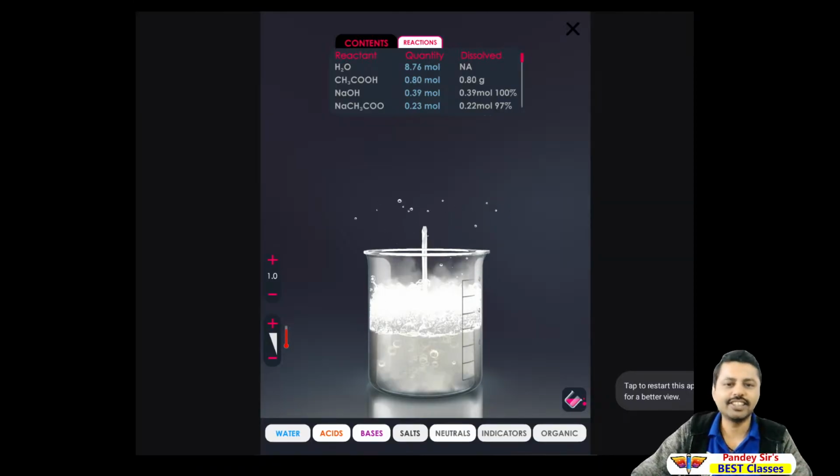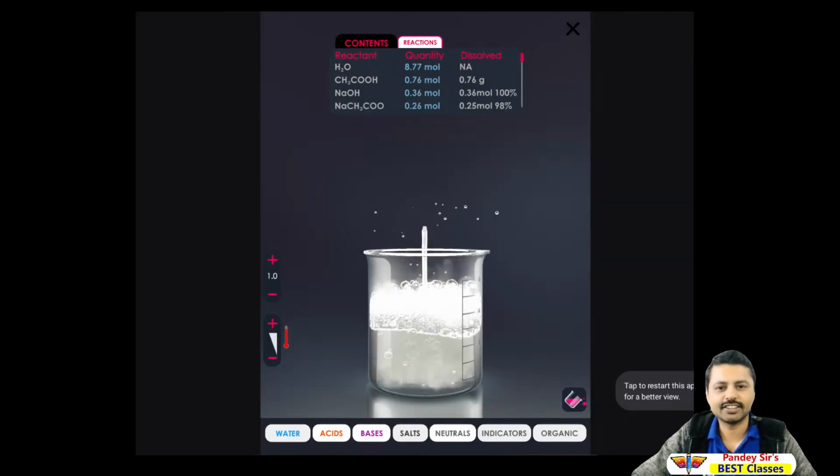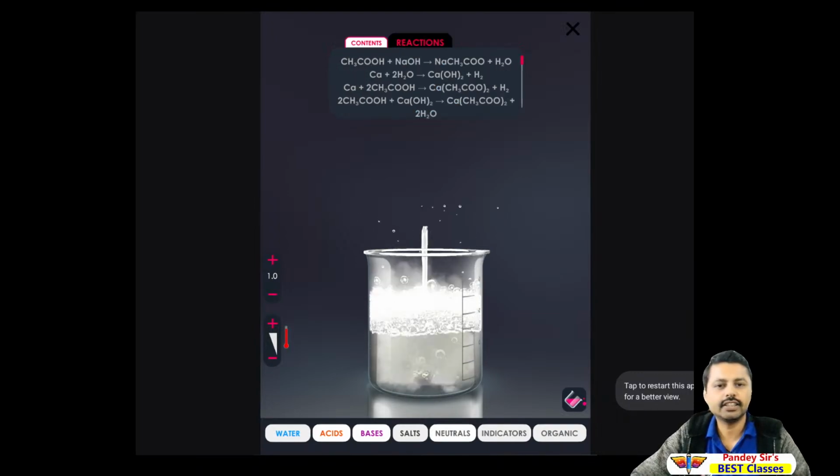So I will write down this reaction and then the earlier reaction. It's looking good. So here it is. For better visibility, I'll write it down.